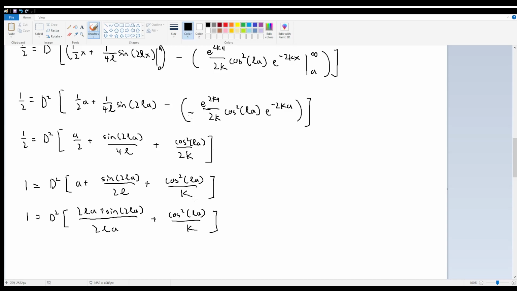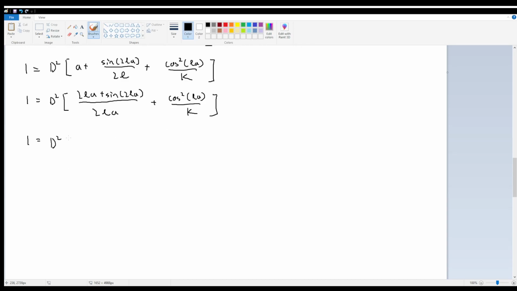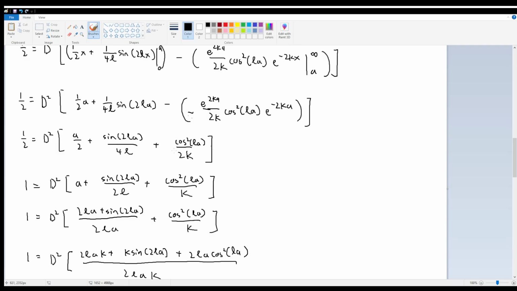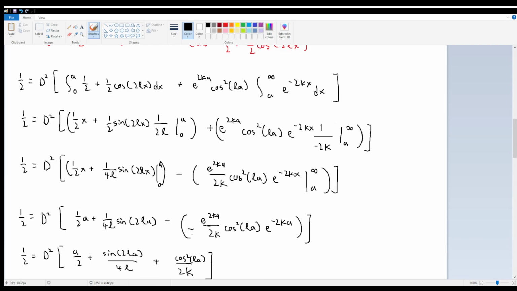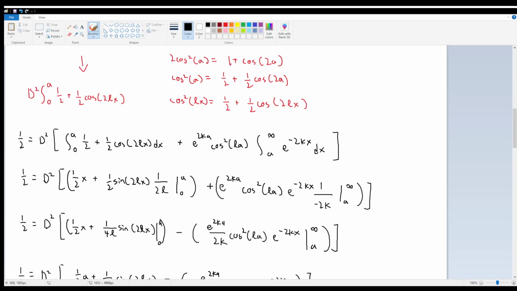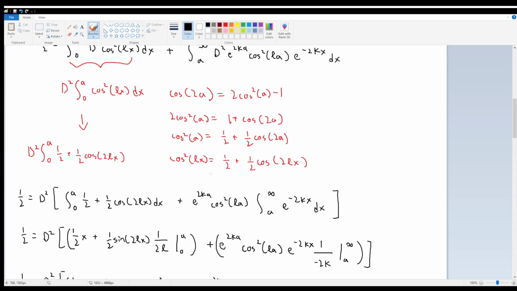Combining this final fraction, we get that 1 is equal to d squared multiplied by 2lak plus k sine 2la plus 2la cosine squared la divided by 2lak. I feel like there isn't supposed to be a cosine squared here.